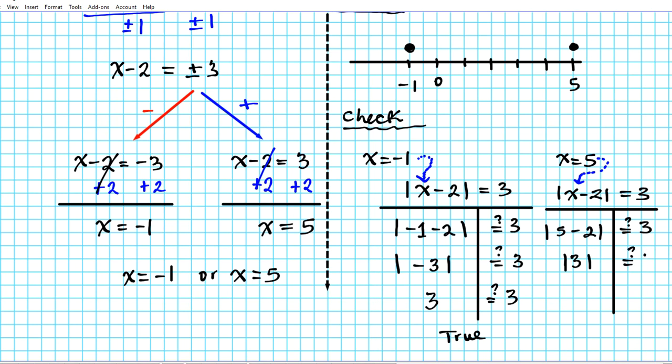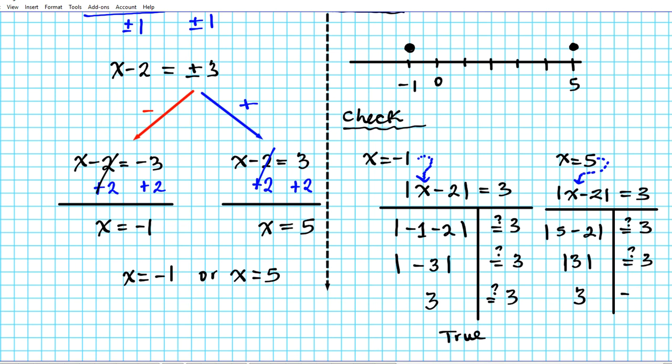Now, what is the absolute value of 3? Some people will say the absolute value is simply the opposite. But the absolute value is not the opposite. It is the distance of a number from 0. How many units away from 0 is the number? So how many units is 3 from 0 on the number line? It's going to be 3. Remember, the absolute value of a number can never be negative because distance is always positive.